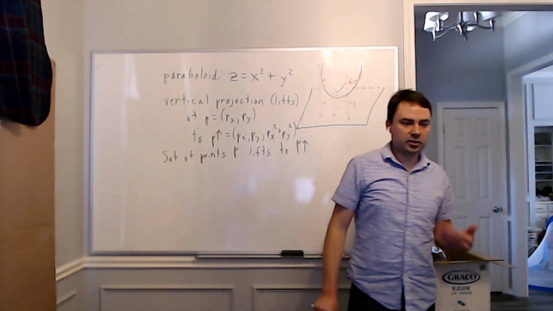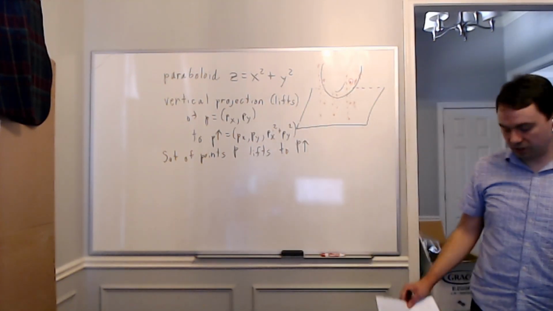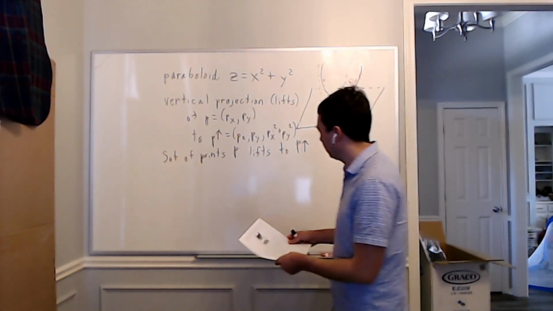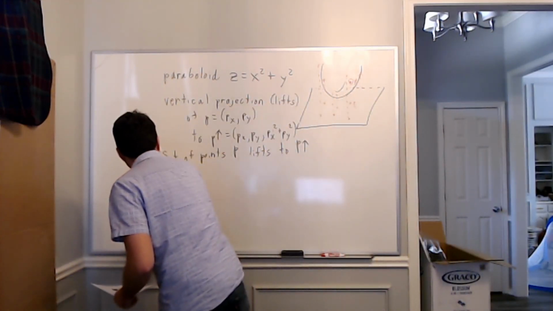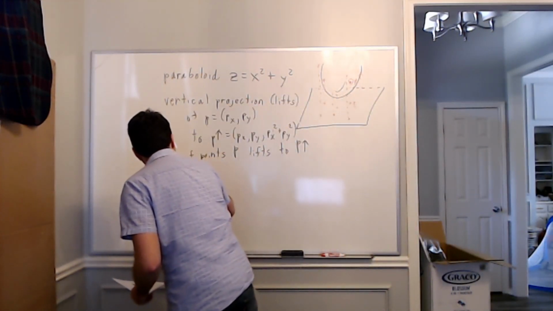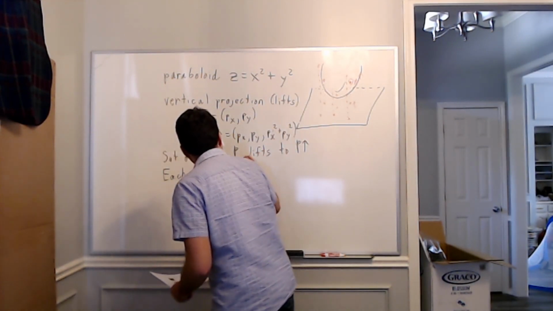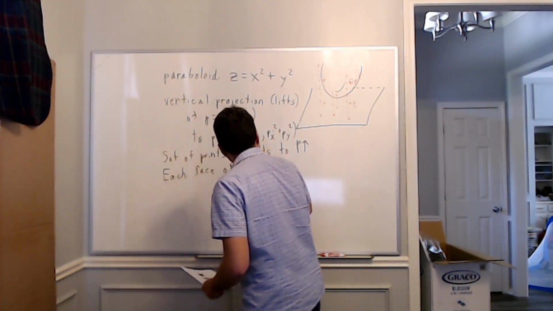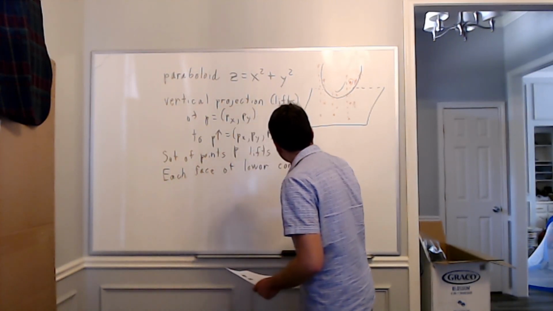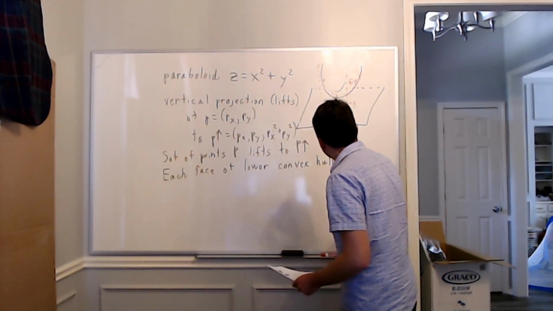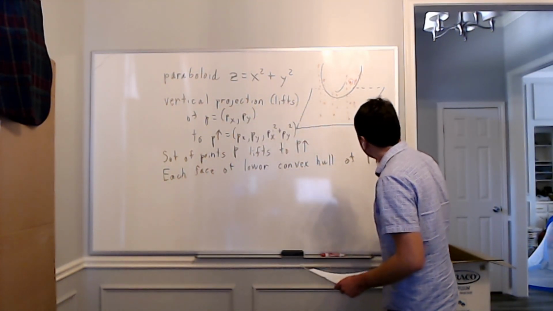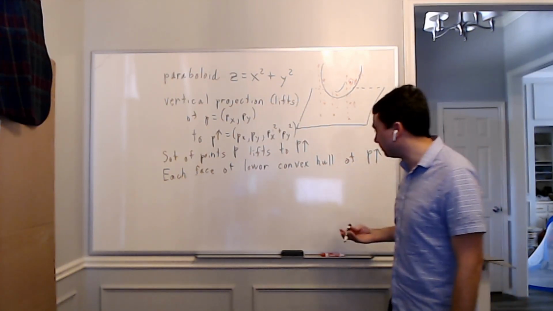Okay. So, assuming that the points are in general position to start with, each face of the lower convex hull of P up arrow happens to be a triangle.